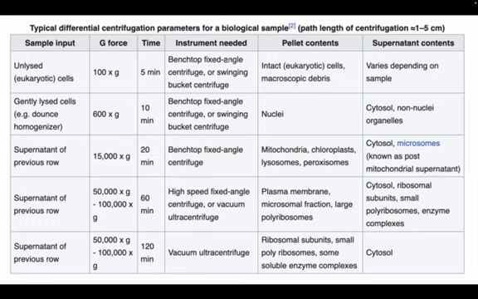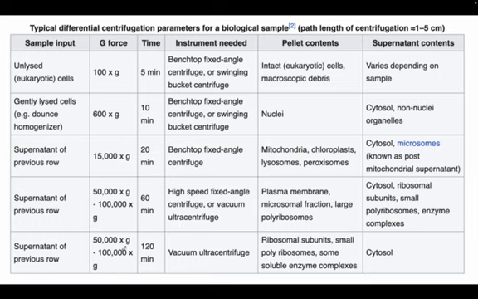But if we want to pellet smaller and smaller components, we have to go for vacuum ultracentrifuges. So these are things that are going at 1 lakh G, for a long time.